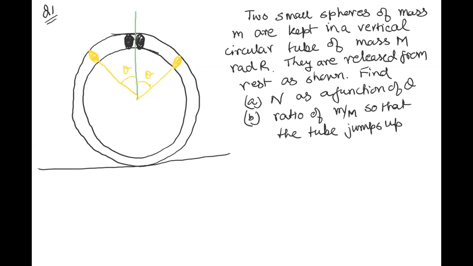They are released from the topmost point as shown. Now, as they move down, you have to find the normal reaction between the sphere and the tube as a function of this angle theta. And then you have to find the ratio of masses so that the tube jumps up.